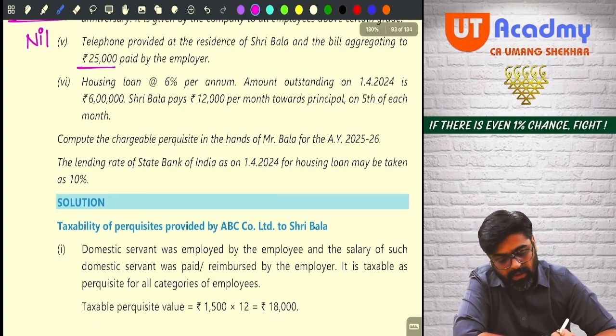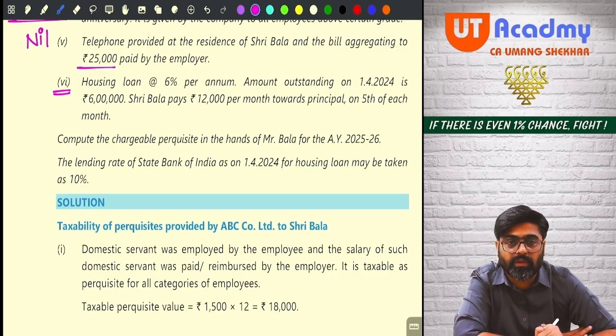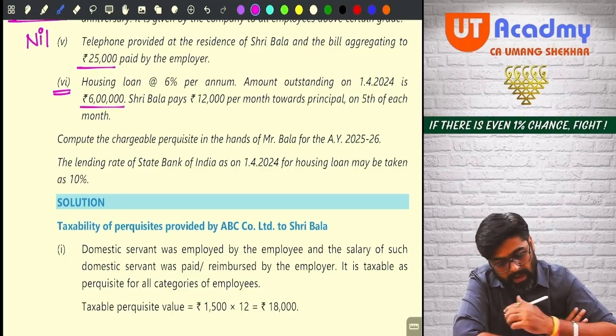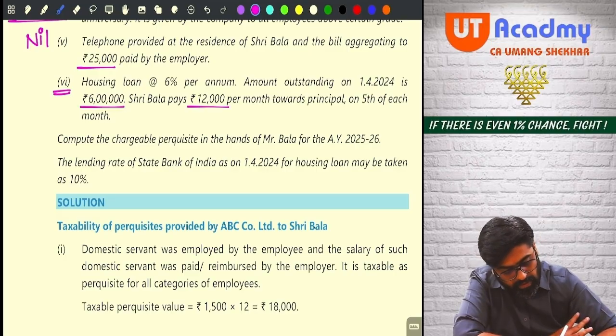Housing loan 6% per annum. Now for this, you will have to make the calculation. What calculation you will have to make? Every month end, what is the outstanding balance of loan? On that interest benefit you will have to calculate, because the loan was 6 lakh. And every month 12,000 rupees principal is repaid on the 5th of each month.